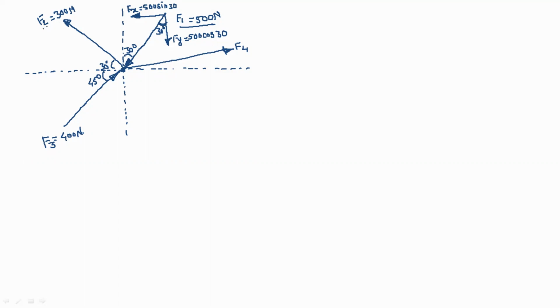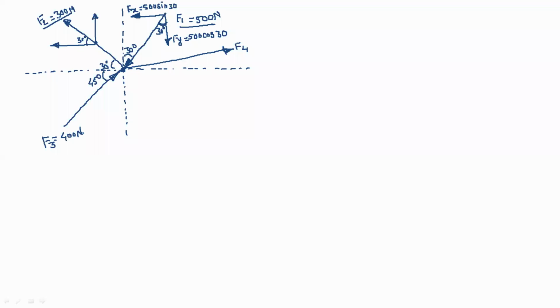Now consider the F2 force, that is equal to 300 Newton. The procedure is the same. You can select any point on this line. From this point, just draw a parallel line to the y-axis, draw a parallel line to the x-axis, observe the arrow direction. Now this angle is 30°, therefore this angle will be 30°.